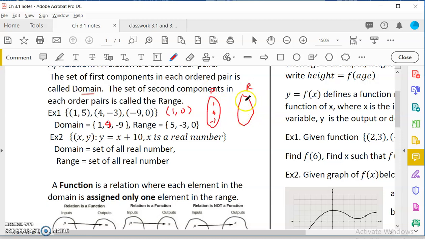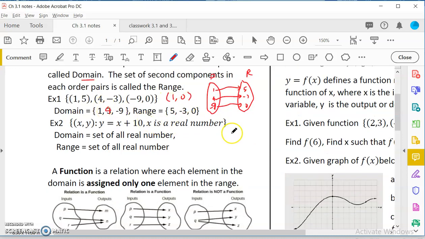We just use a circle to contain all those elements: 5, -3, 0. We say 1 maps to 5, so that you know there is an order. 1 is the first, and this is the second. 4 to -3, and 1 to 0. If there is another one, -9 to 0, then I would just draw another arrow.